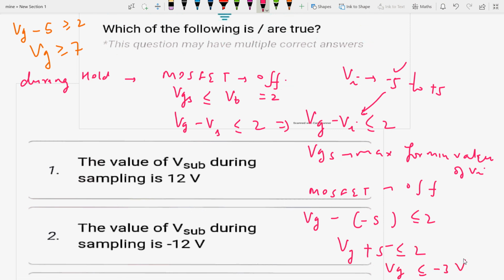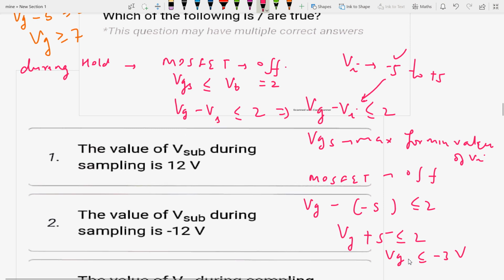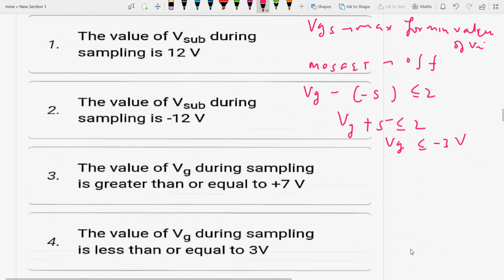So what is the answer? The value of Vg during sampling is greater than or equal to plus 7 volt. Yes, it is coming out to be plus 7 volt.